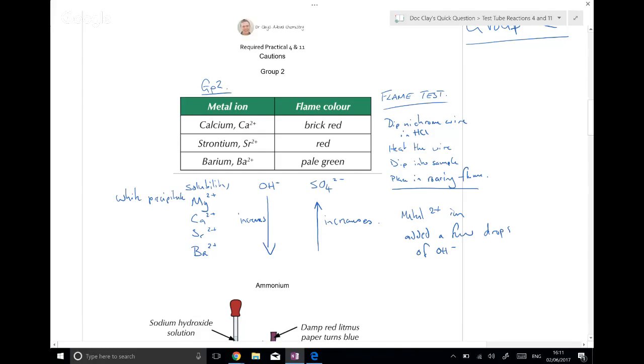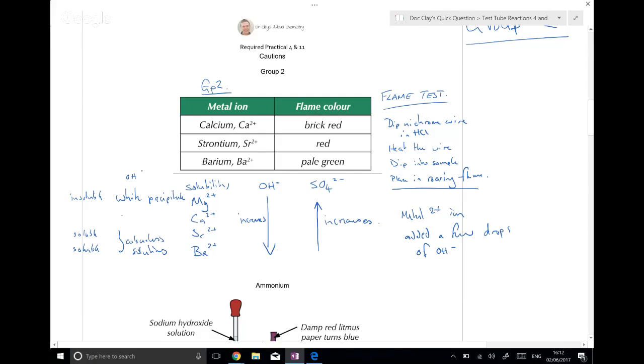The magnesium hydroxide is completely insoluble. The calcium ions are sparingly soluble, and then the strontium becomes soluble, and the barium is soluble for hydroxide. So strontium hydroxide and barium hydroxide are both soluble, and therefore these form colorless solutions.